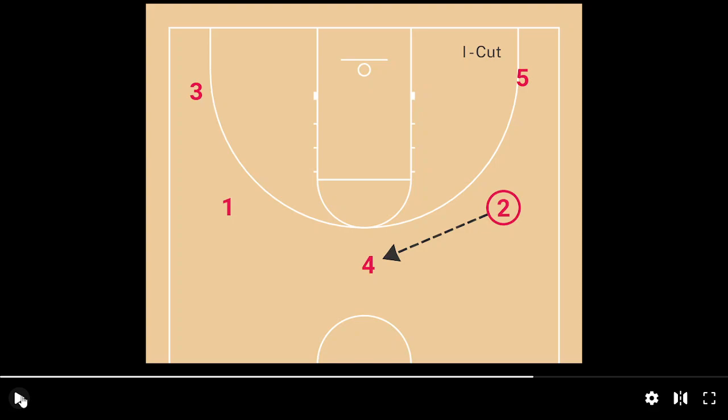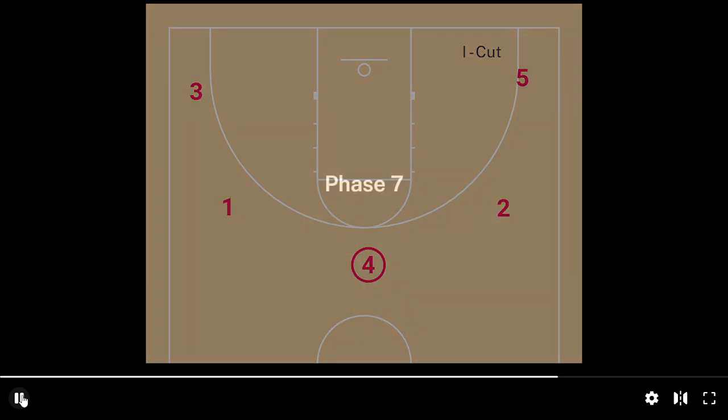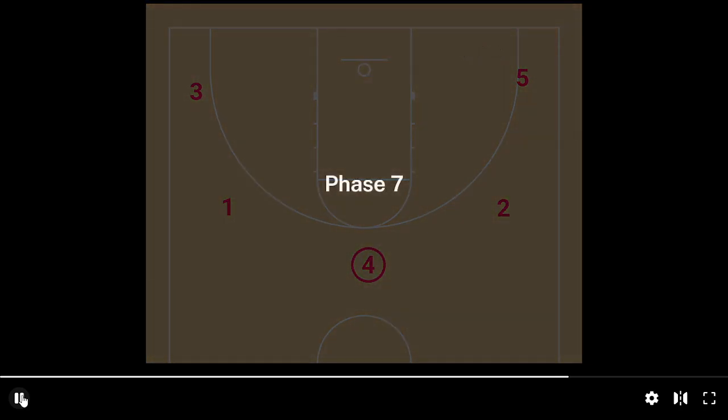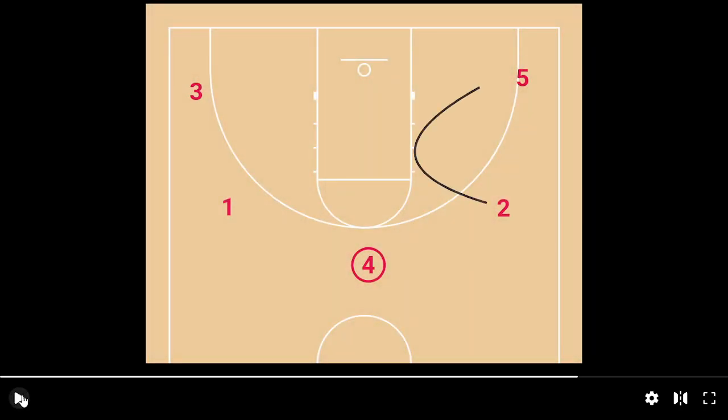Now, again, the rule is as soon as we pass, we make a cut. So number 2 has to make a cut after the pass. And he goes towards the basket. And tries to receive the pass from number 4.